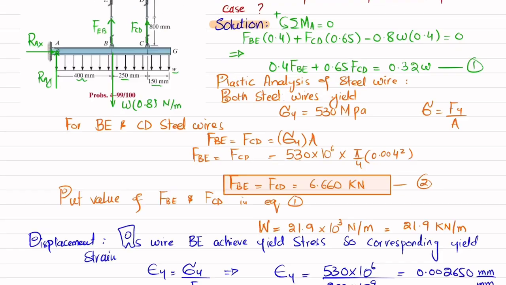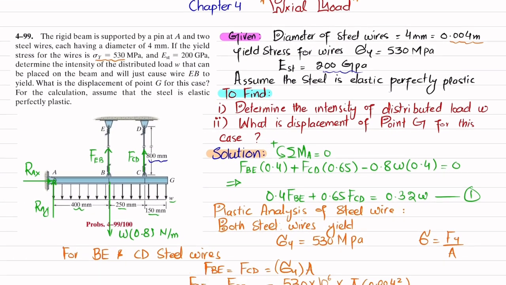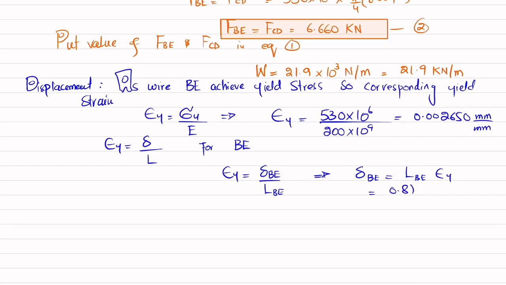What is the length of BE? You can see both have length of 800 millimeter, which is equal to 0.8 meter. So 0.8 multiplied by yield strain, 0.002650. When you solve this, you will get change in length of wire BE equal to 2.120 millimeter.